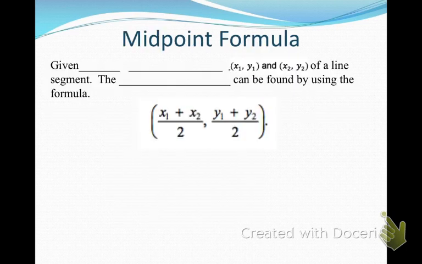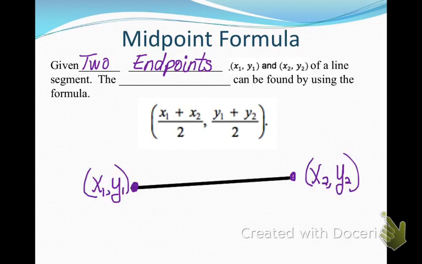Now, we have a formula. When I'm given a line segment with two endpoints that are coordinates, x1, y1 and x2, y2, as I have shown here, and I'd like you to draw this on your notes, the midpoint of that segment can be found by using this formula.